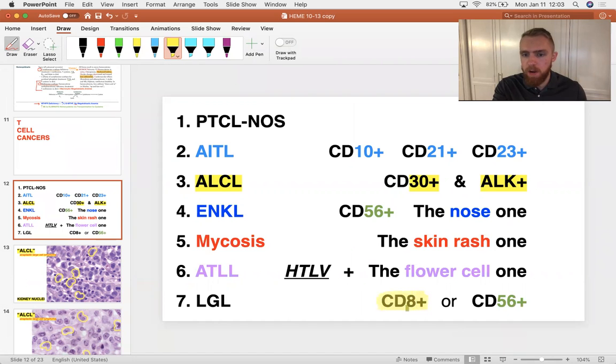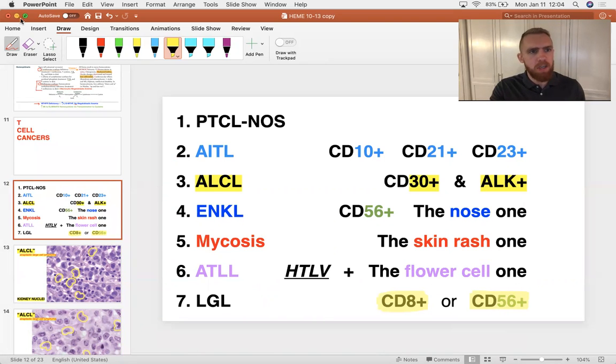It's a Th1 cancer. And also it's one of 2 in this SDL that it could potentially express that NK cell CD56 positivity. So that's the long and short of what sets these cancers apart from one another.